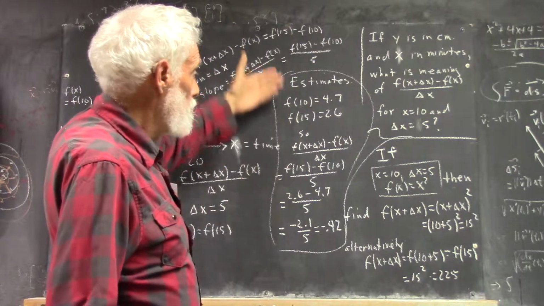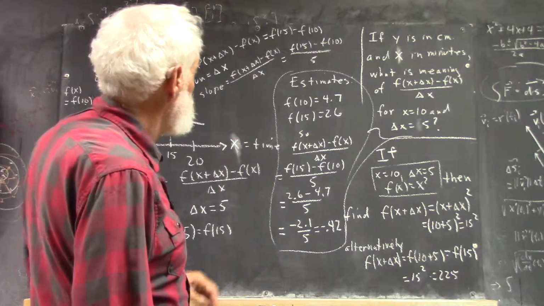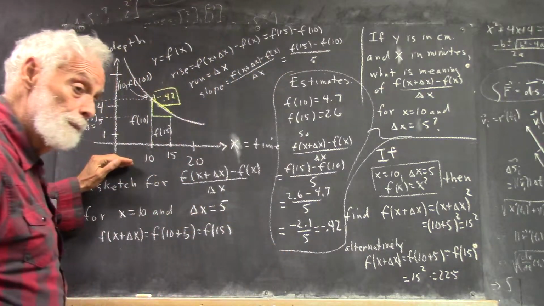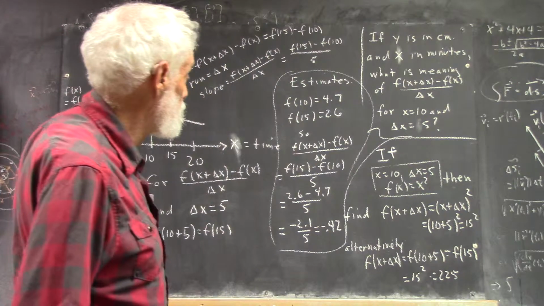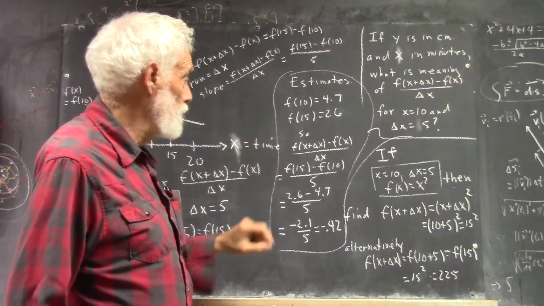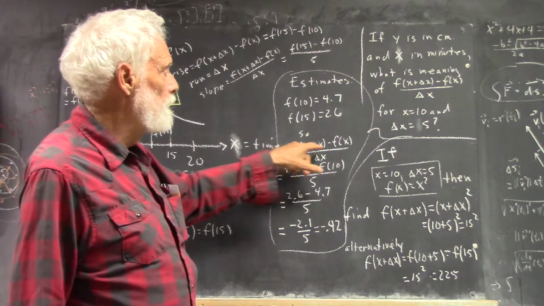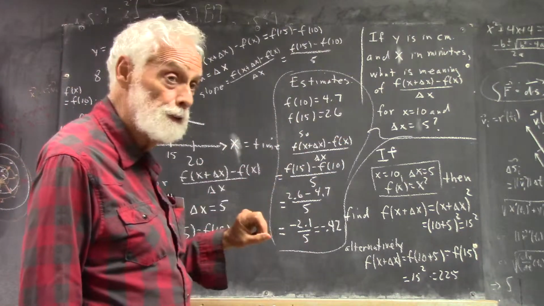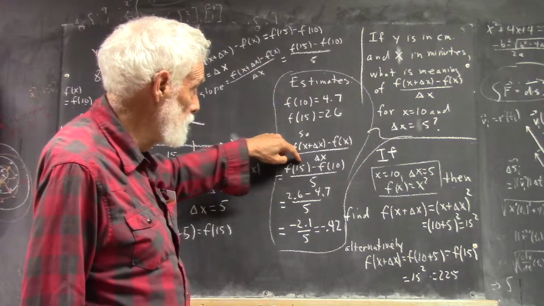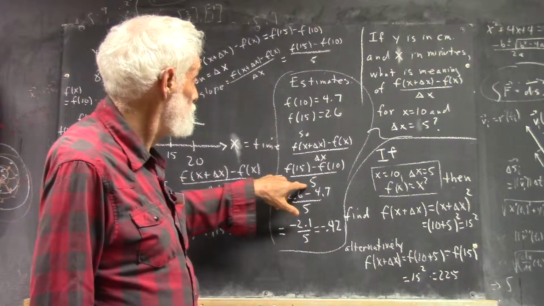Now, we just write out everything. And this is kind of a lesson on how to write things out too. So here is the whole solution, and here's the picture. There's some labeling up here that you can look at, but we estimated that f of 10 is 4.7, f of 15 is 2.6, so f of x plus delta x minus f of x over delta x is, well, x plus delta x is 15, so it's f of 15 minus f of 10 over 5.